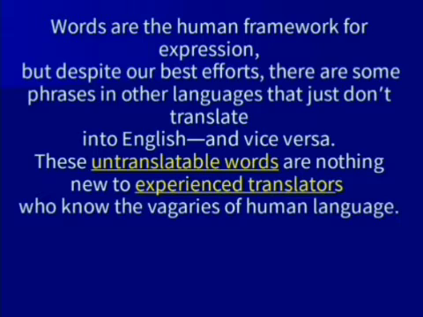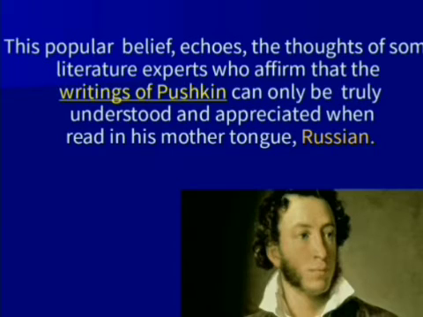These untranslatable words are nothing new to experienced translators who know the vagaries of human nature. They say, for example, the writings of Pushkin can only be truly understood and appreciated when read in his mother tongue, in the Russian language.